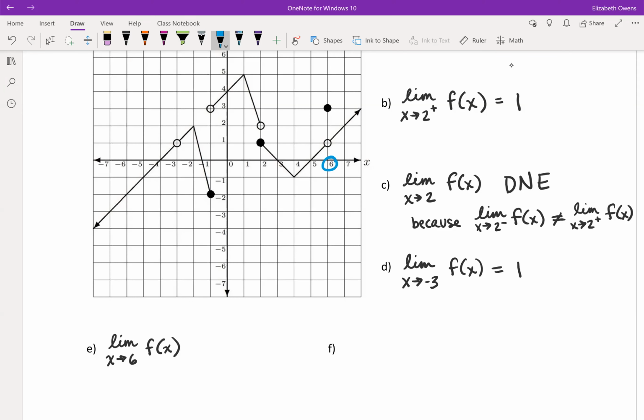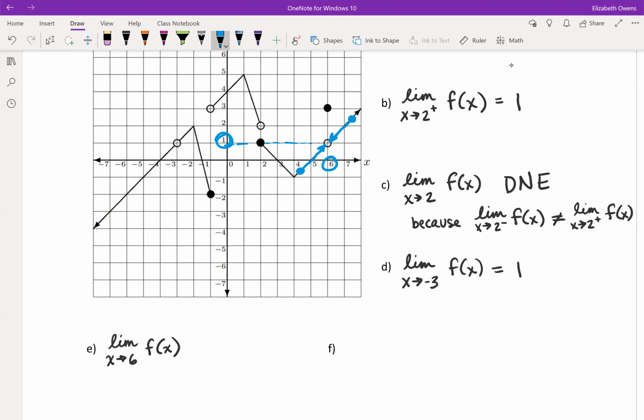Here's x equals 6. So you put one finger on one side, one finger on the other side, and you're going to bring those fingers closer together, tracing along the function, see where they end up. So trace, trace, trace. And it looks like they are both coming towards the same value again. So that is our limit value, and it's a limit of 1 again.